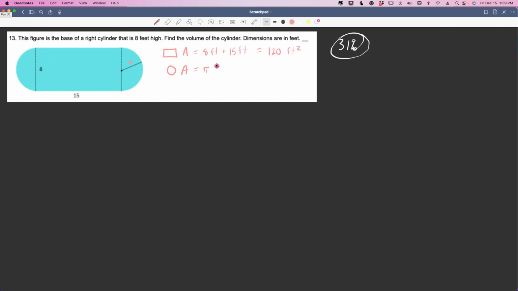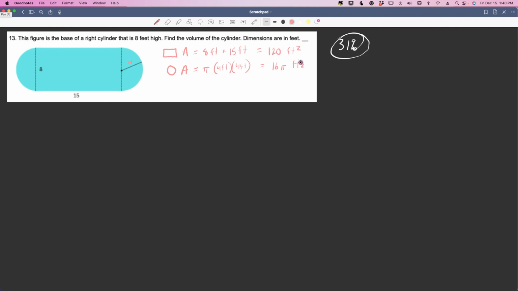So pi times 4 feet times 4 feet, because that is the radius based on the diameter being 8. Radius is half of that. So pi r squared. Excuse me. So this is going to be 16 pi feet squared.